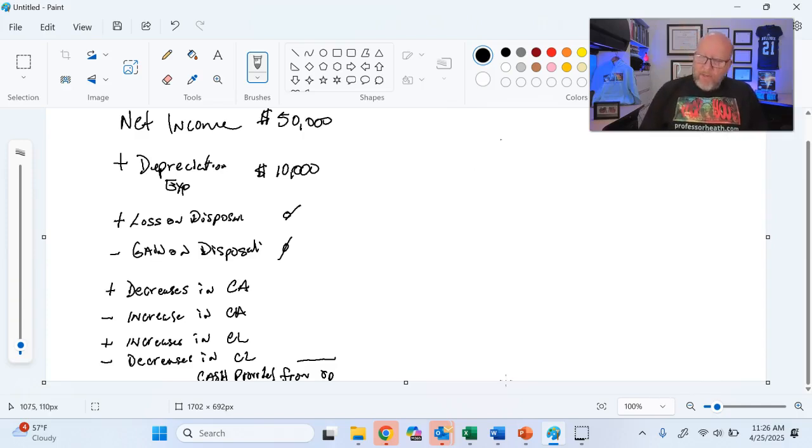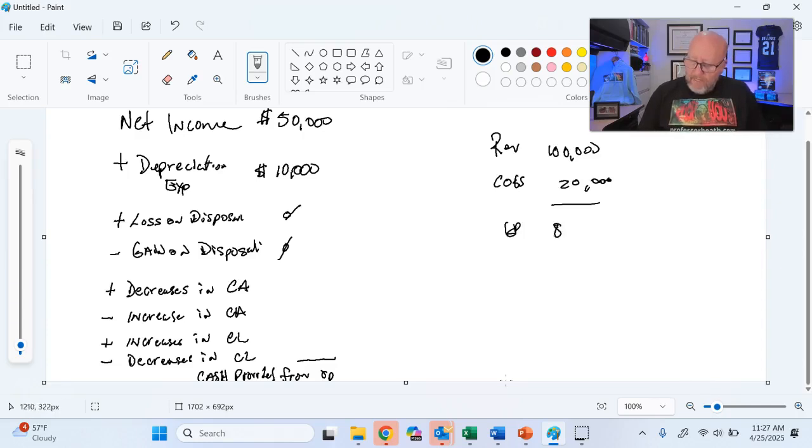If I think about my income statement, I have revenue of 100,000, and then I could have cost of goods sold of 20,000 for gross profit of 80. Then I can have depreciation expense of 10,000 for net income of 70.